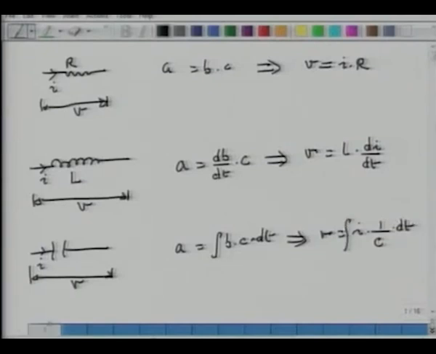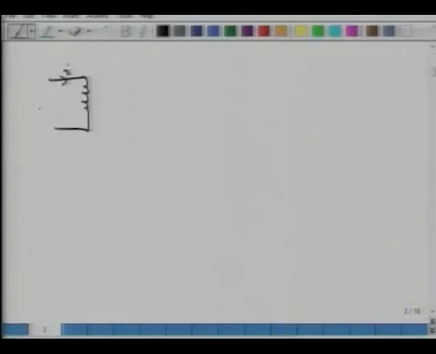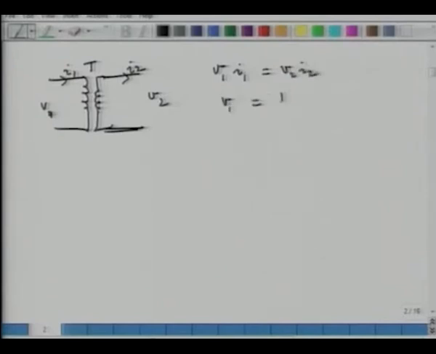And my 4-point element, my input current is I1, voltage across is V1, and then output voltage is V2, current is I2, and turn ratio is T. Then the relationships are V1 I1 equals V2 I2, V1 equals this turn ratio times V2, and I1 equals 1 over T times I2.